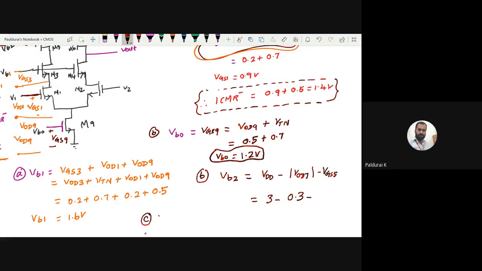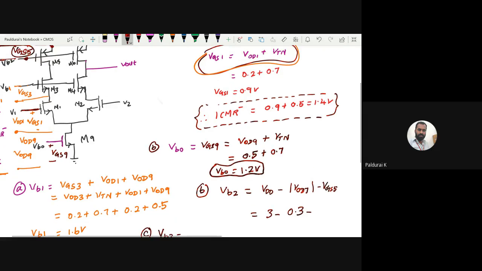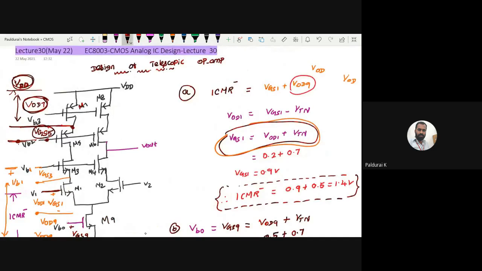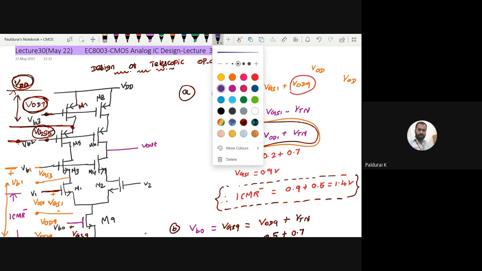Now the final one, what is my VB3? Anyone? Once VB2 is understood, it is easy to write the formula for VB3. VB3 is this one here, this time I'm using this color, blue.